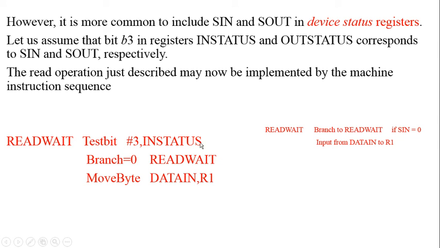Here the third bit of the INSTATUS register acts as the SIN flag value. If the third bit of INSTATUS is 0, then the processor continues in a waiting state, and whenever the third bit of INSTATUS becomes 1, what's the meaning? Now a new value is available in the data in register, so that we can transfer that value to processor register R1 here.